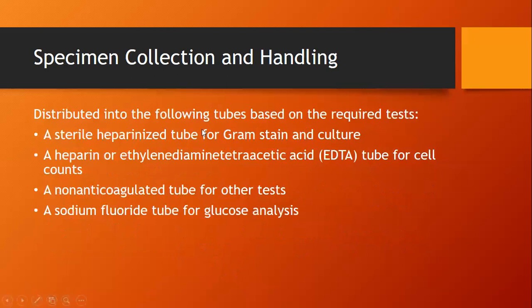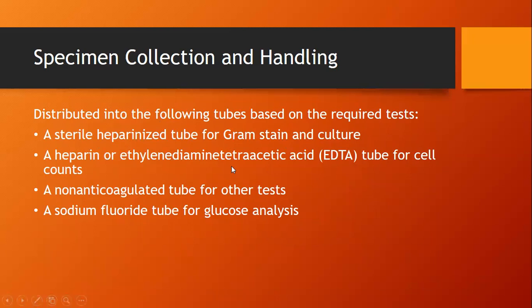So the specimen collected is distributed into the following tubes based on the required test. We collect a heparinized tube for microbiology tests, usually for microbiologic testing such as gram staining and culture.